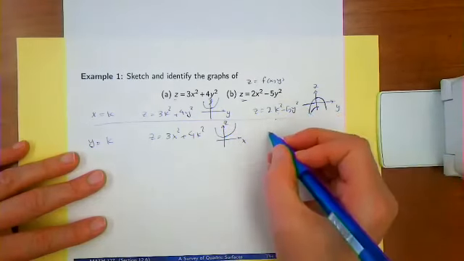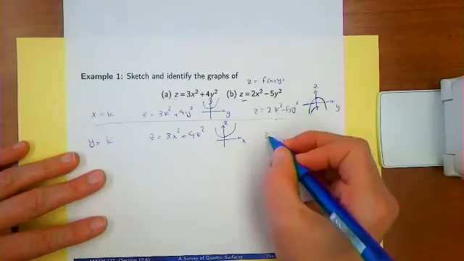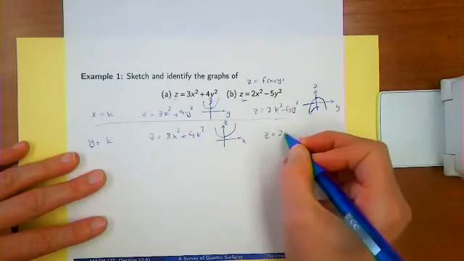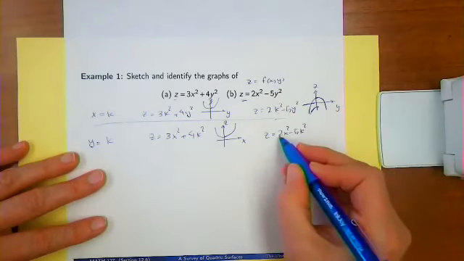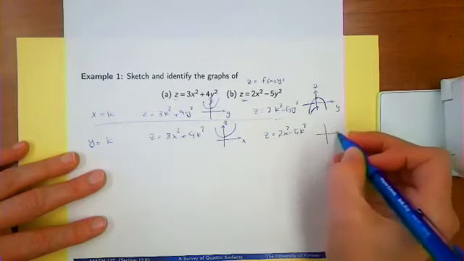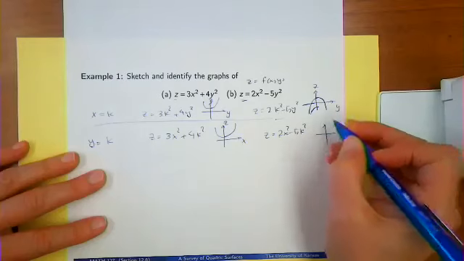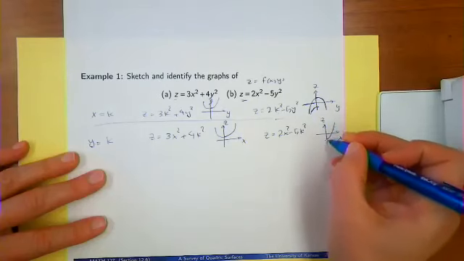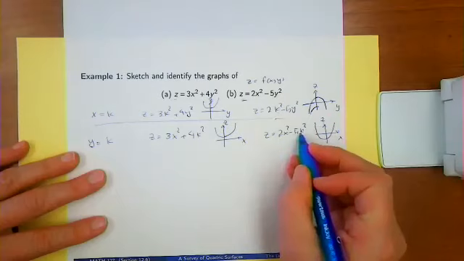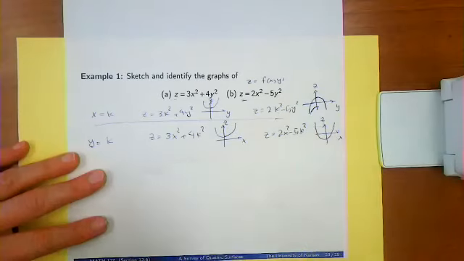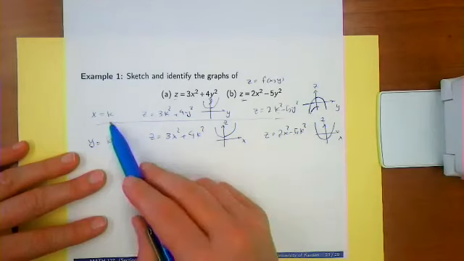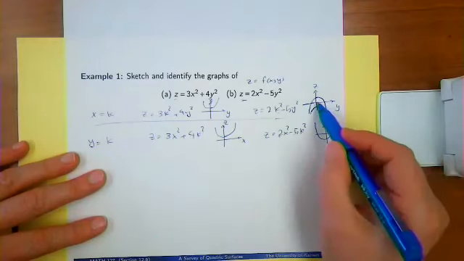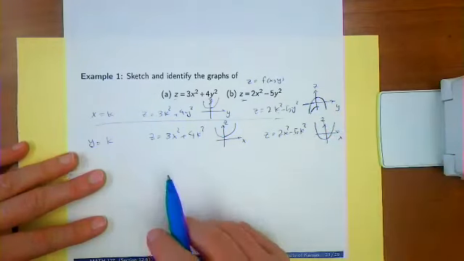And over here, I get z equal to 2x squared minus 5k squared. And that is a parabola looking upward in x and z. It starts at a negative value going upward. And when k is equal to 0 in either case, it would start at the origin.